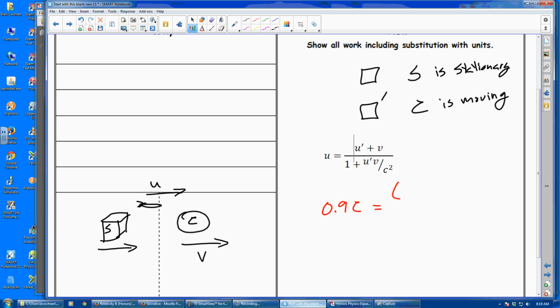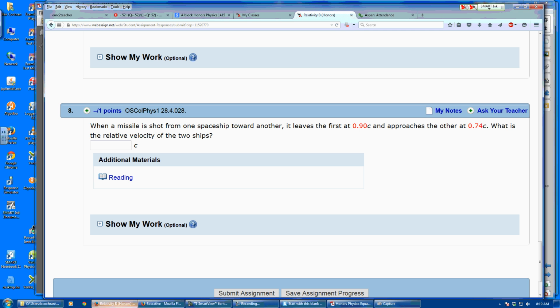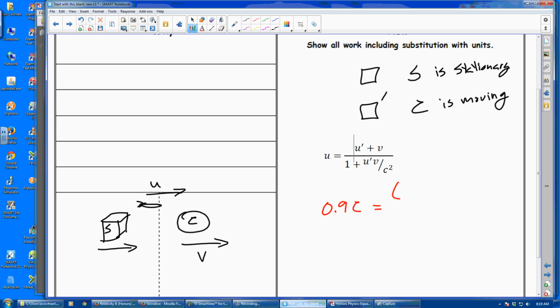U prime is how fast it's measured as moving from the other ship, which is 0.74. So 0.74 c plus, I don't know how fast v is, the ship is moving, so that's v, over 1 plus 0.74 c times v over c squared.